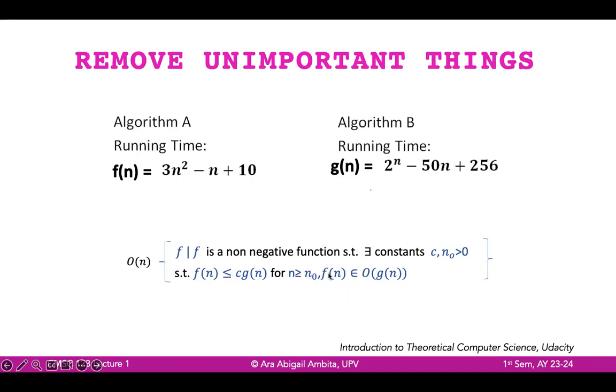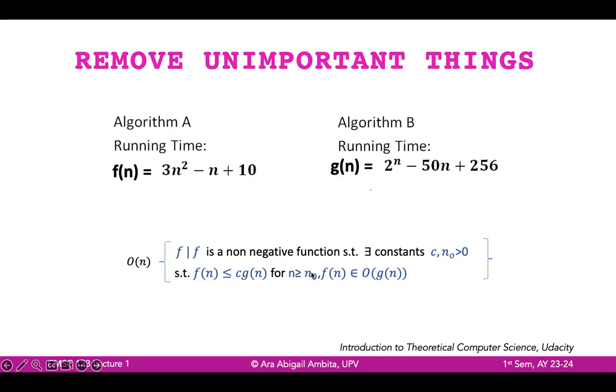So we can then say that f of n is a member of O of g of n. Okay? So what it is saying here is that we have a function f of n, which refers to our running time, and then we have some function g of n here with a constant c, and for any input size that is greater than or equal to the initial input size.